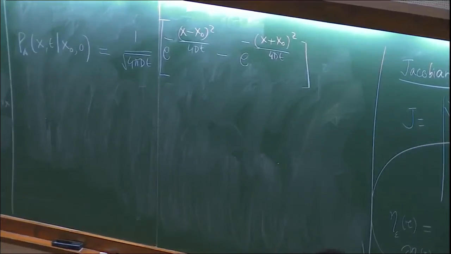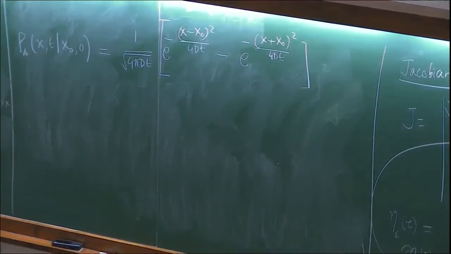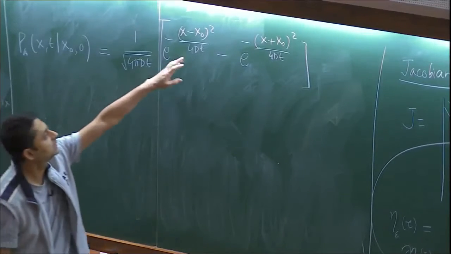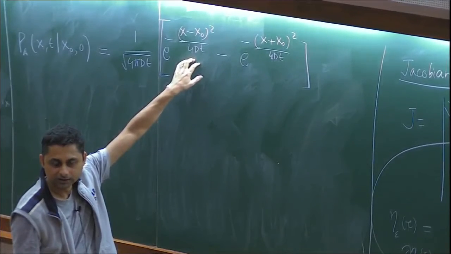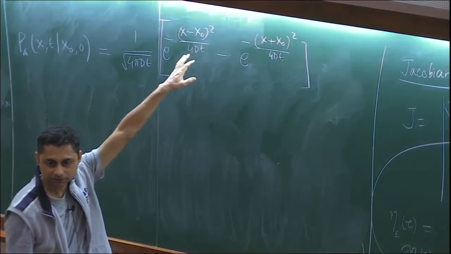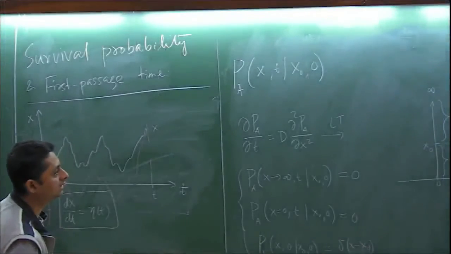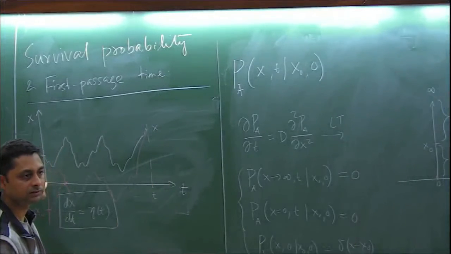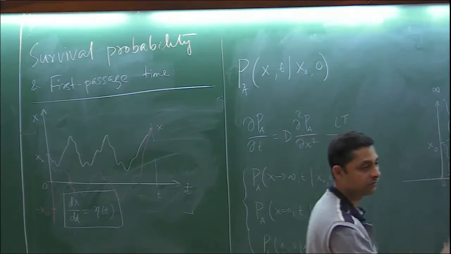Now you can easily verify that that solves the equation, because for any x this is a solution of the differential equation, right? It satisfies the boundary conditions. If you put x equal to 0, that gives you 0.